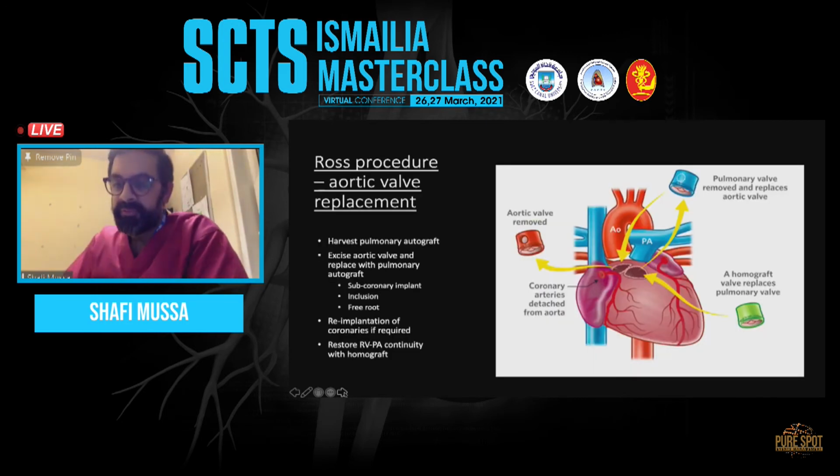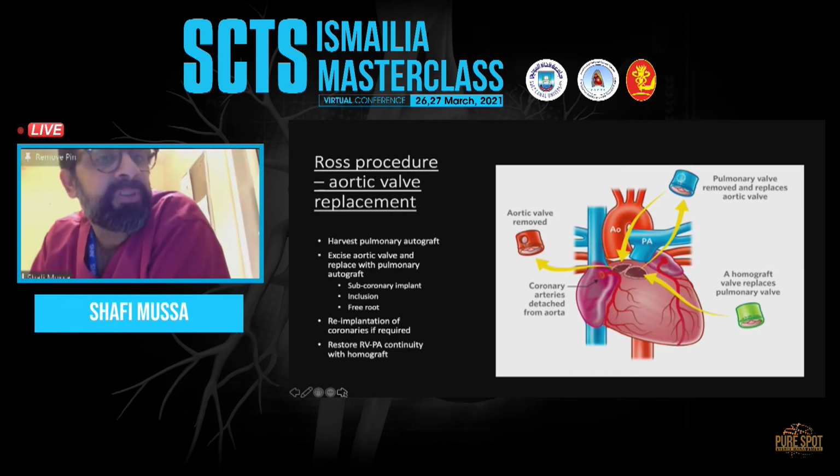So the operation that comes to mind immediately in terms of providing, in inverted commas, a living valve replacement is the Ross procedure, which I'm sure you will all be familiar with. But in essence, it is replacement of the aortic valve with the pulmonary valve.